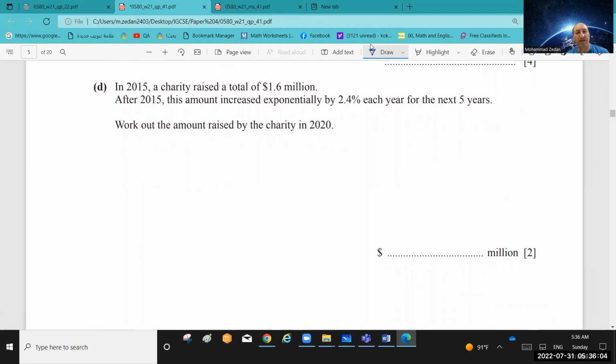In 2015, a charity raised a total of 1.6 million. After 2015, this amount increased exponentially by 2.4% each year for the next 5 years. Work out the amount raised by the charity in 2020. You can use the formula for compound interest. The final amount is equal to the principal times 1 plus r over 100, all to the power n, the number of years.